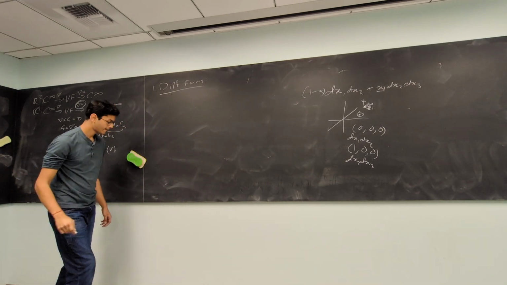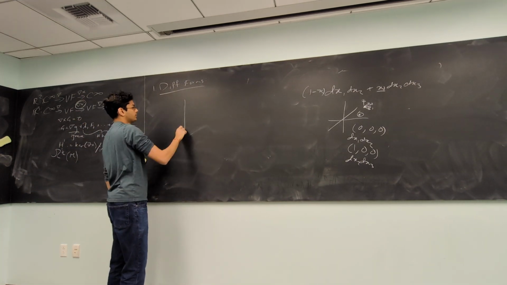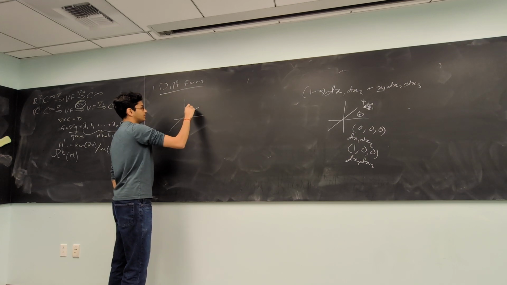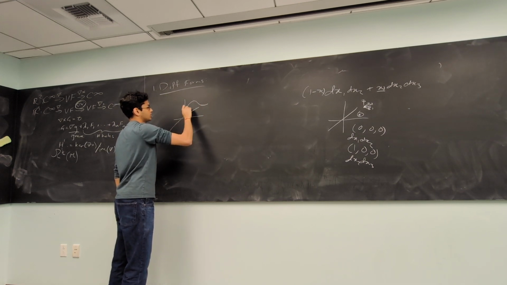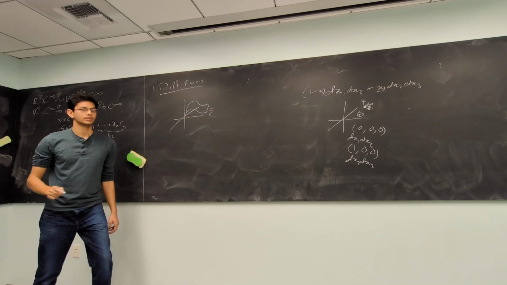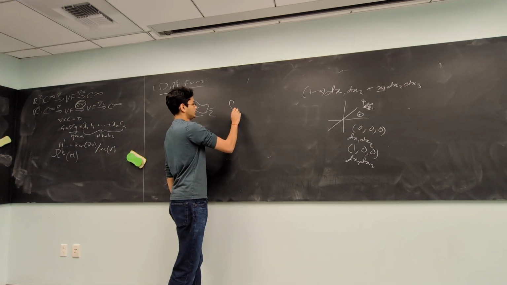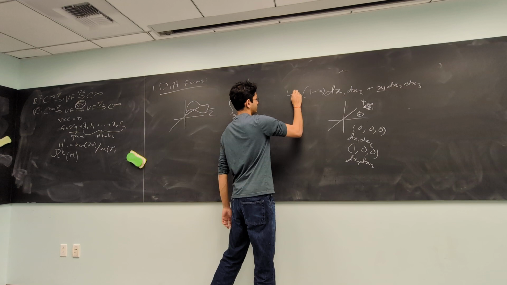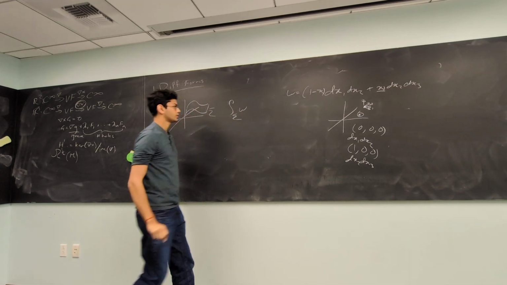Let's say that we work with this 2-form in R^3, and we want to integrate it along this surface sigma. So, the integral over sigma, and usually the name for these guys is omega, so I'm going to call this omega.